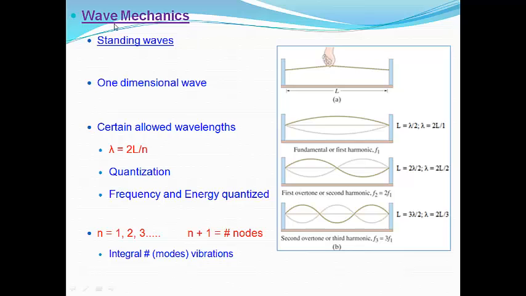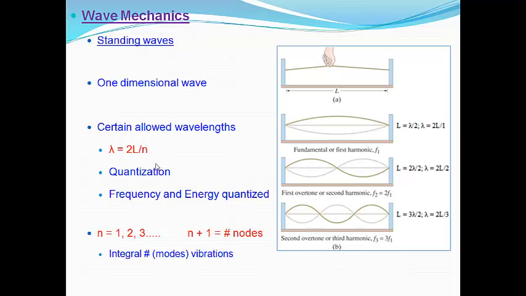So basically, a standing wave also depicts this idea of quantization, that you can only have specific values of wavelengths, you can only have specific values of frequency, you can only have specific values of energy.